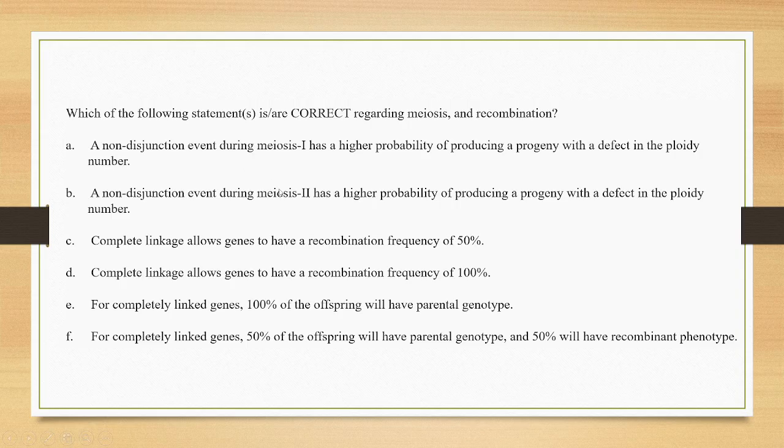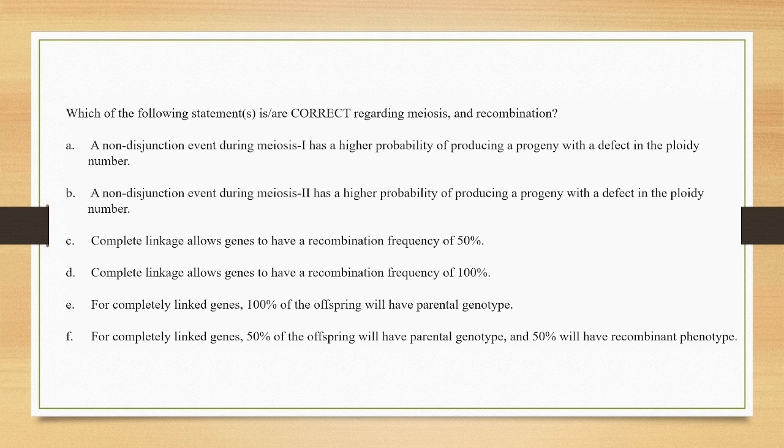Which of the following statements is or are correct regarding meiosis and recombination? A non-disjunction event during meiosis 1 has a higher probability of producing a progeny with a defect in the ploidy number. A non-disjunction event during meiosis 2 has a higher probability of producing a progeny with a defect in the ploidy number.